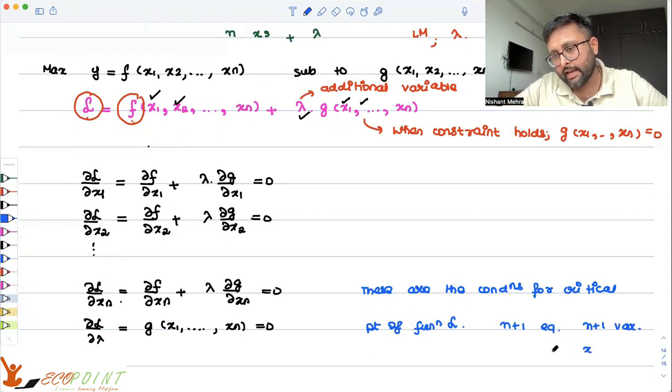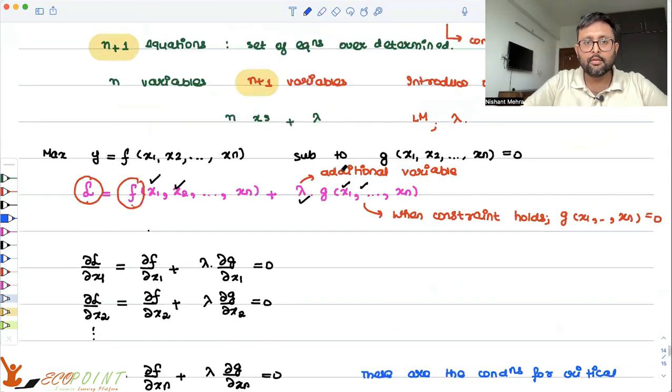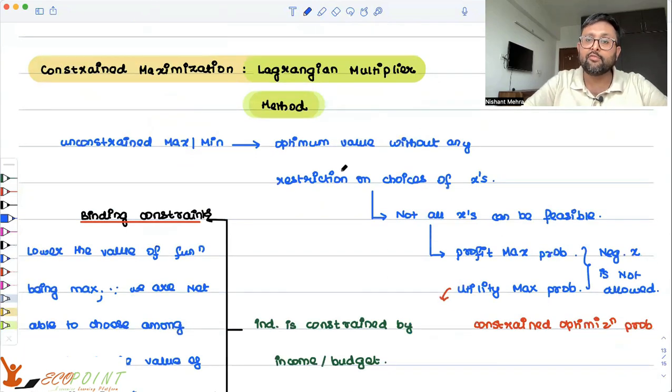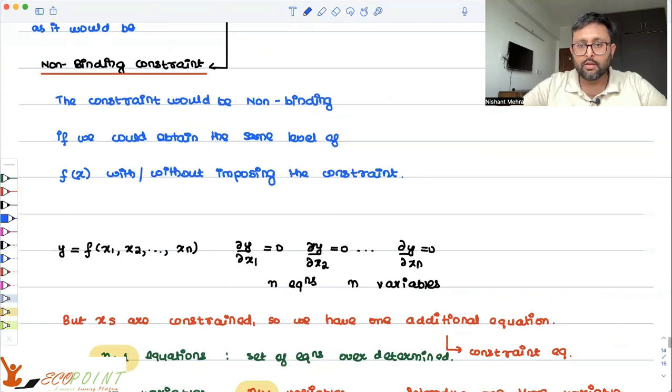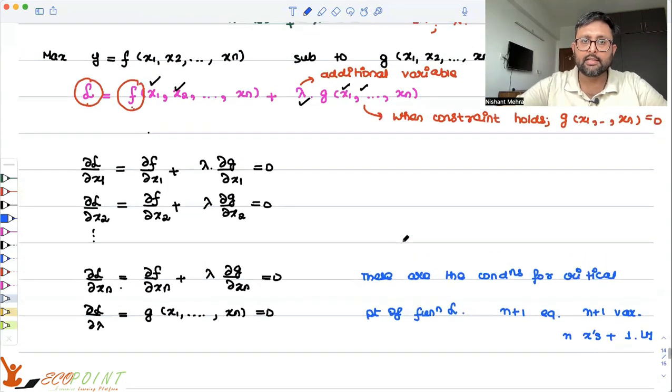So there are n x's plus 1 Lagrange multiplier. They can be solved. It was just this much: in the unconstrained optimization, what did we have to do? This del F by del x1, del F by del x2, all of them have to be simultaneously equal to 0. In the constrained optimization, you have one more expression, and you will be writing the Lagrangian in this way. You write the function plus Lagrange multiplier times the constraint like this. So this is the theory behind this, and these are the necessary conditions.